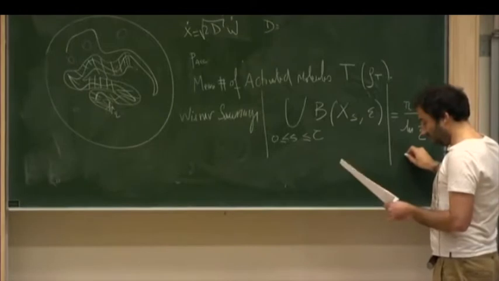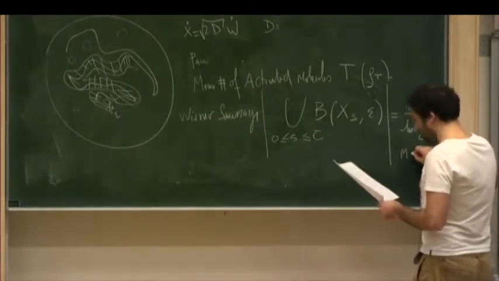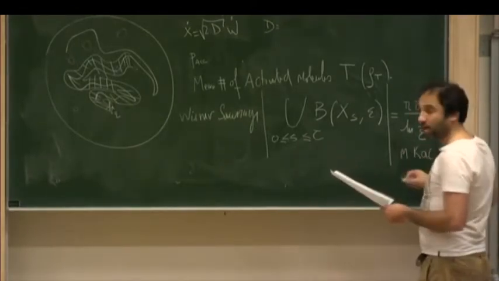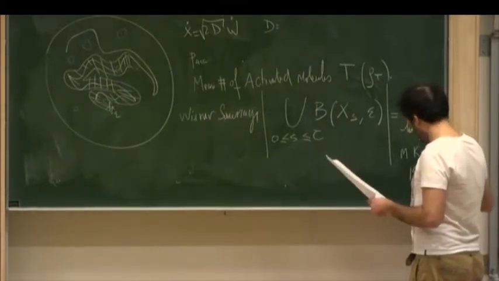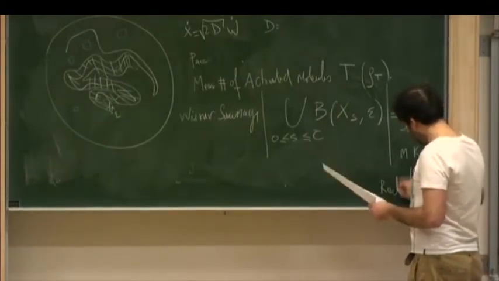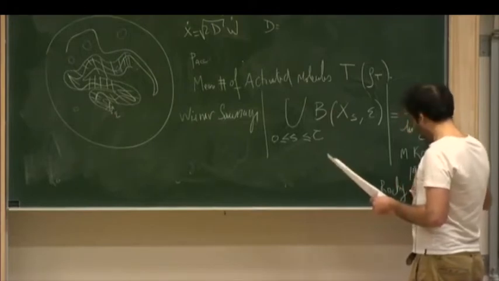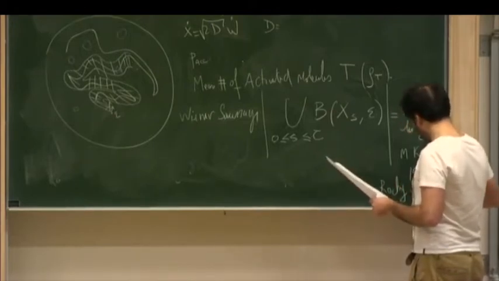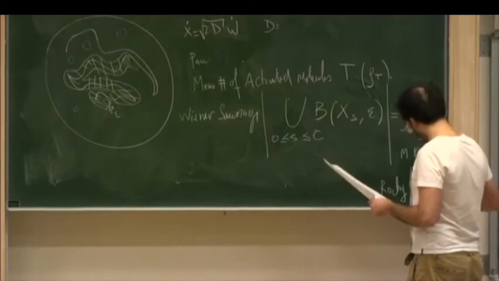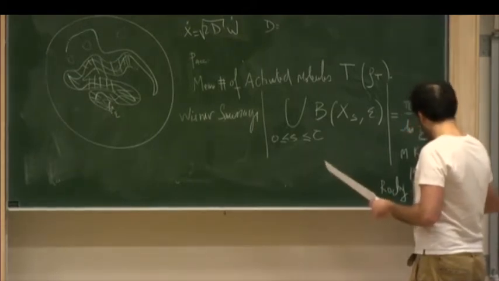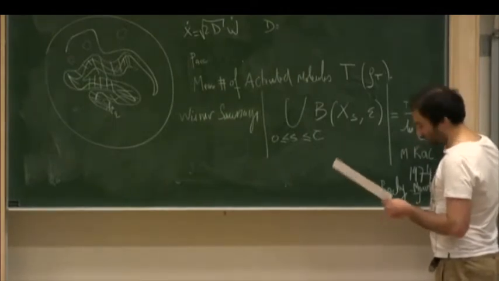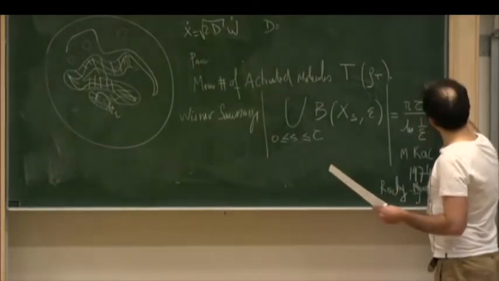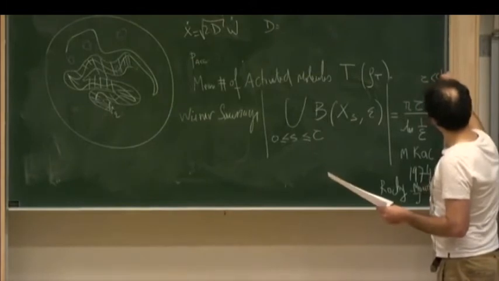And this is a formula due to Mark Kac from the Feynman-Kac integrals, 1974, Rocky Mountain Journal, for those of you who will look at it after the class. And this is for tau small. This is an asymptotic formula.